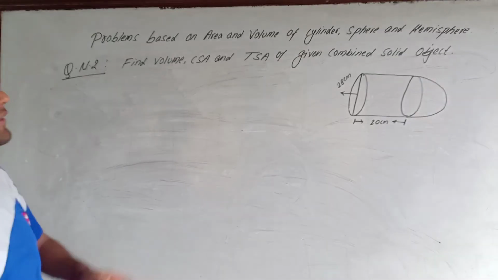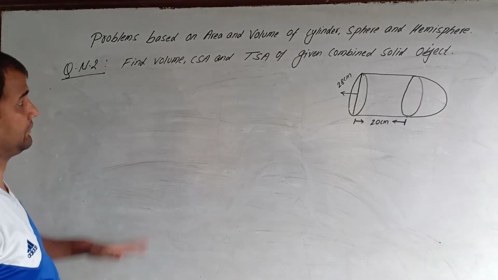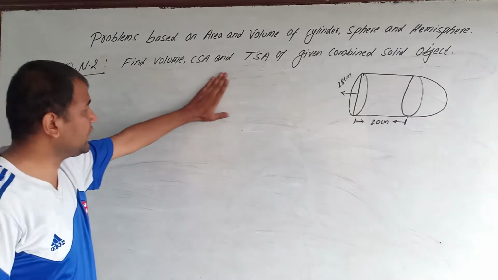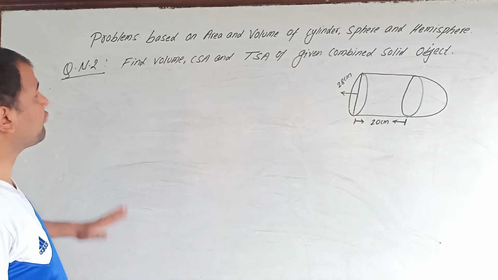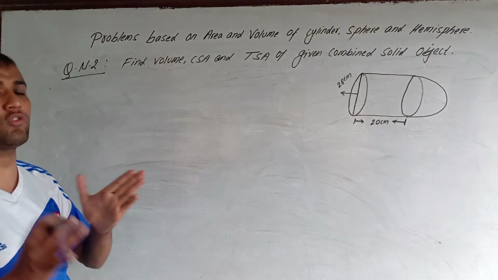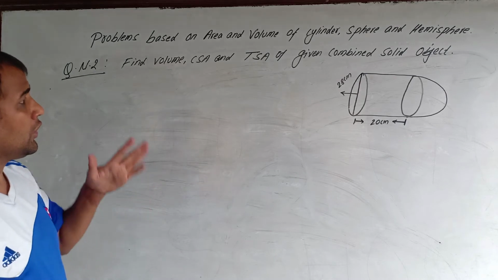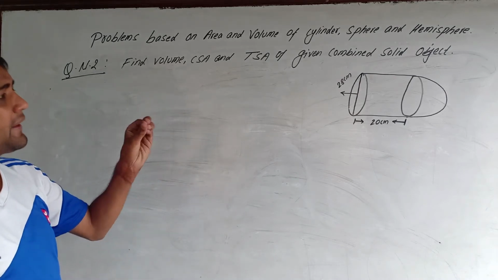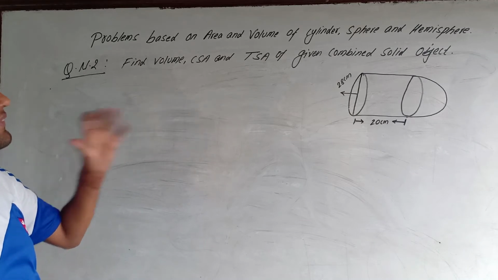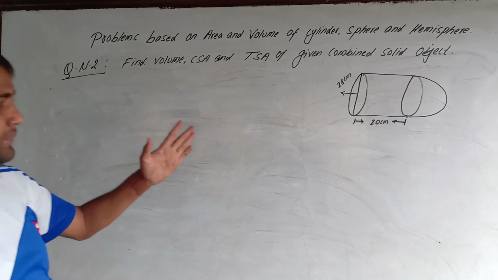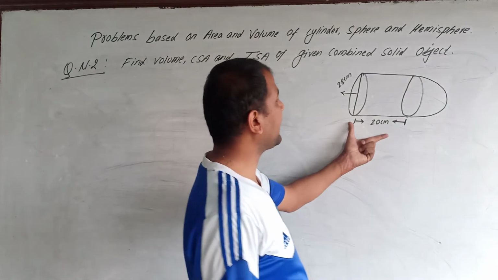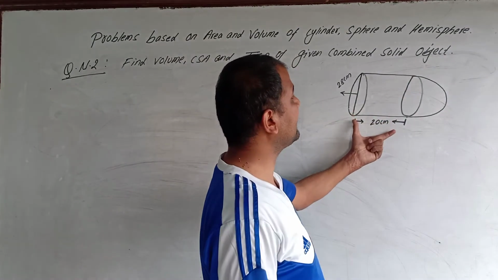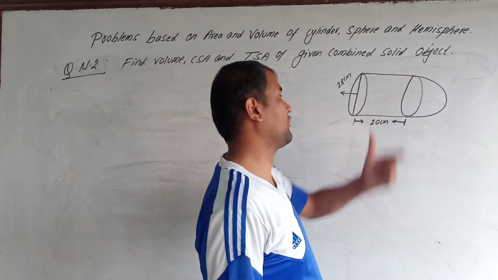the given combined solid object. So firstly, we should remember that to find the volume of a combined solid object, we should find the volume of the objects which we see in the figure. In this figure, we have one cylinder and one hemisphere.